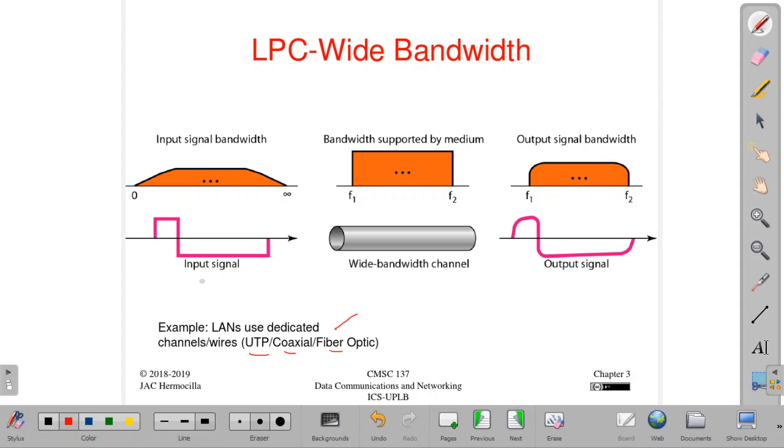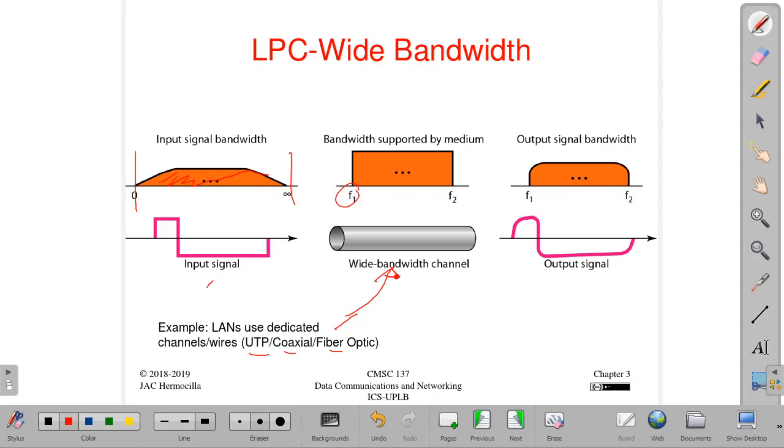So let's say we have this input signal. So again, this is a digital signal which is non-periodic, and if we plot the frequency domain, frequency plot, we get this 0 to infinity. Okay. This is the shaded area. Then this is the wide bandwidth channel.